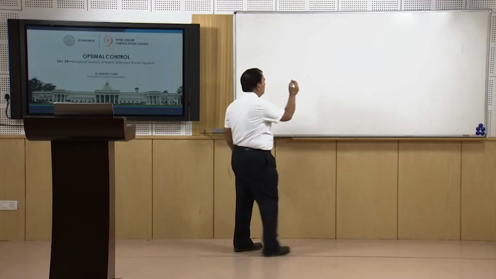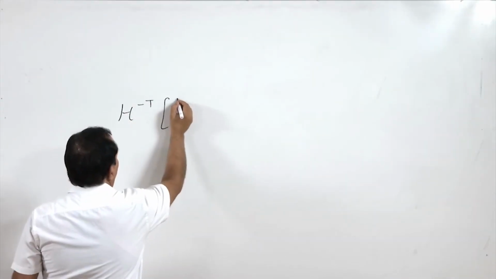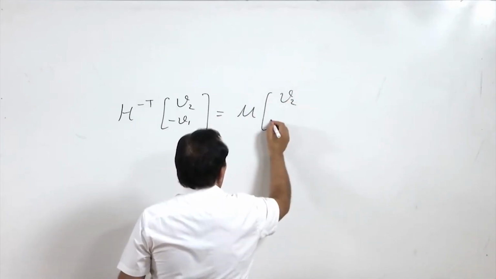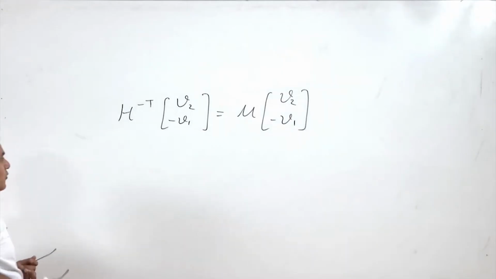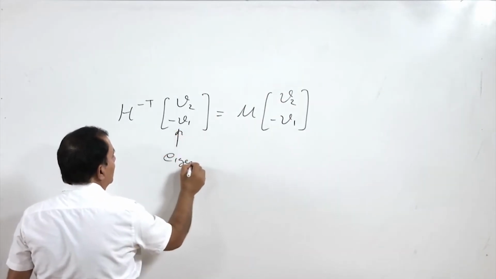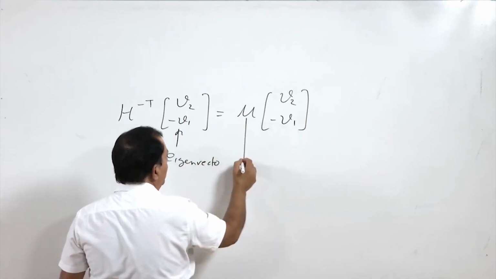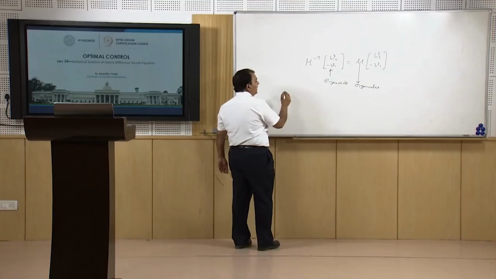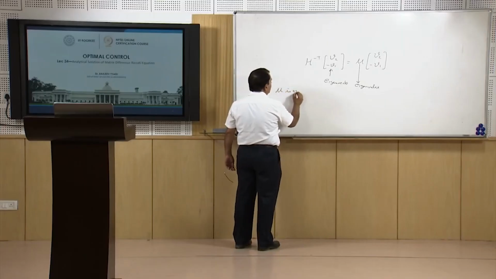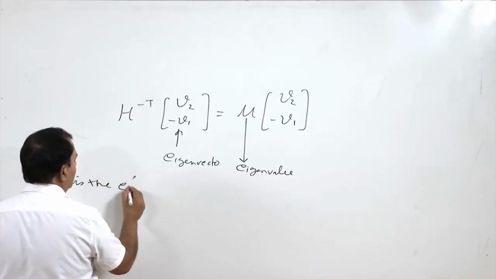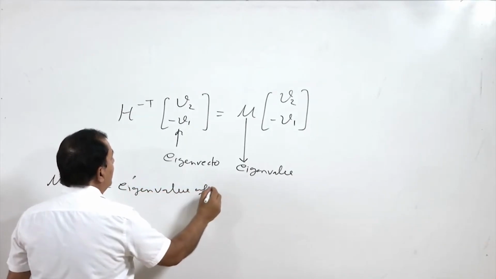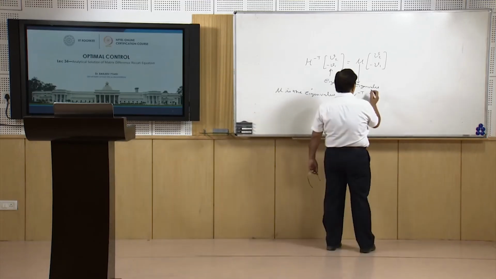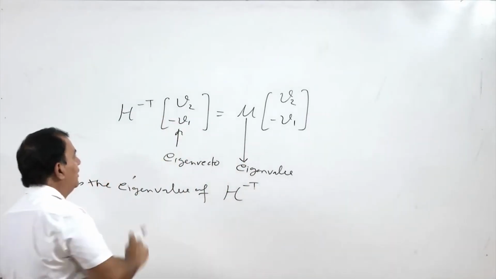This means that if I consider this as the eigenvector corresponding to the eigenvalue mu, then mu is the eigenvalue of the inverse of the H transpose, and corresponding to the eigenvalue mu, my eigenvector is V2 minus V1.